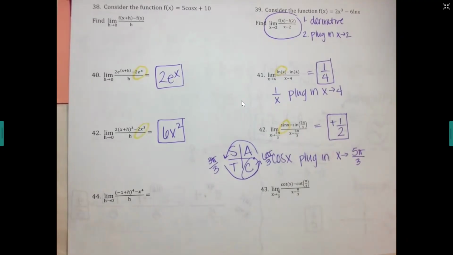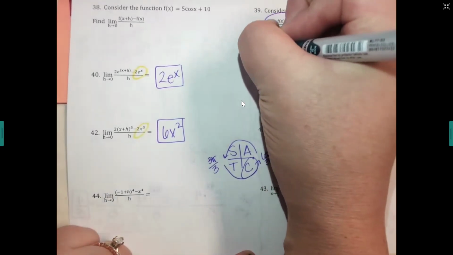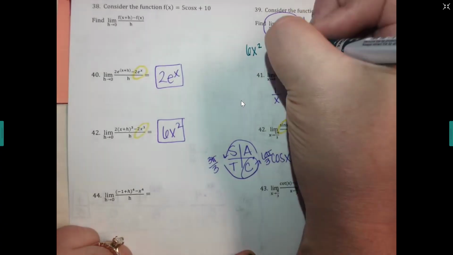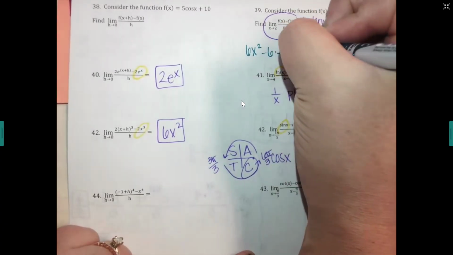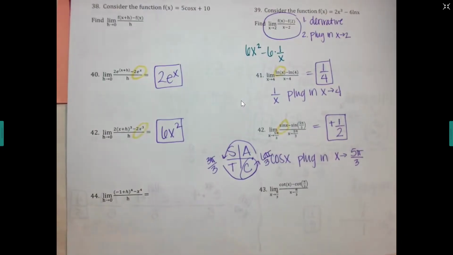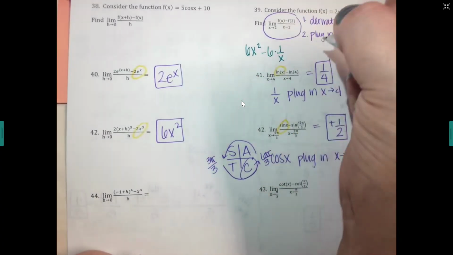So what would the derivative of that be? 6x squared minus, what's the derivative of ln x? 1 over x. And then I would just take my x value, plug it into that spot. So if my x is a 2, that'd be 6 times 2 squared.